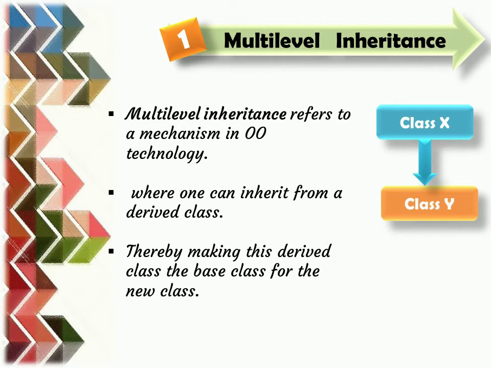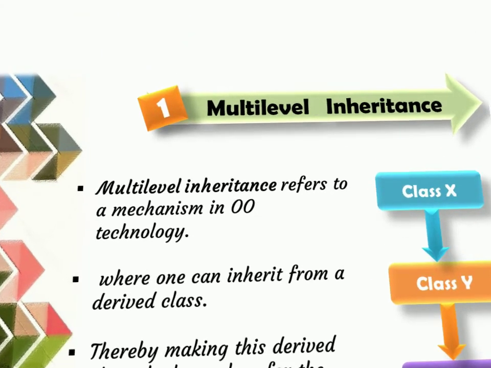Again we have one more class, class Z. So here class Z is also a derived class, a child class of Y and a subclass of X. Multi-level inheritance. Okay. So here class Z can derive the properties of both class X and Y. And Y can derive the properties of class X. This is multi-level inheritance.